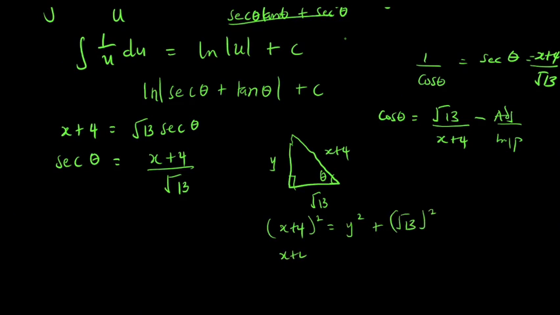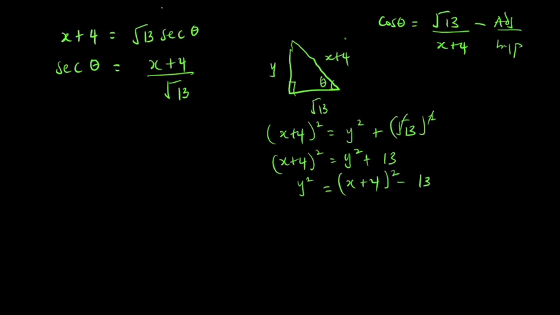The square cancels the square root, so y squared plus 13, right? So y squared equals x plus 4 squared minus 13, and y equals the square root of x plus 4 squared minus 13, right?